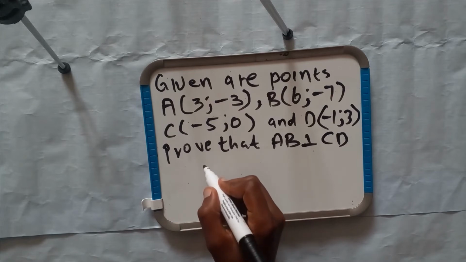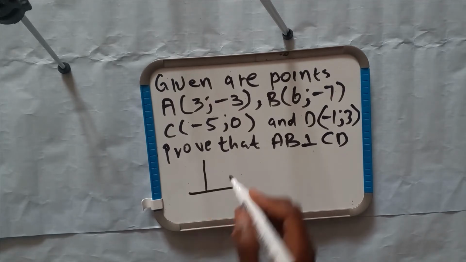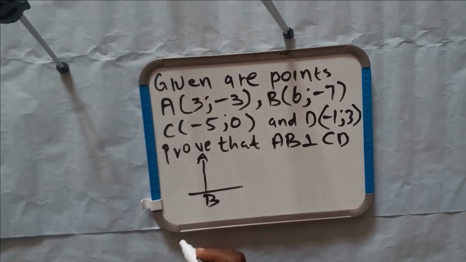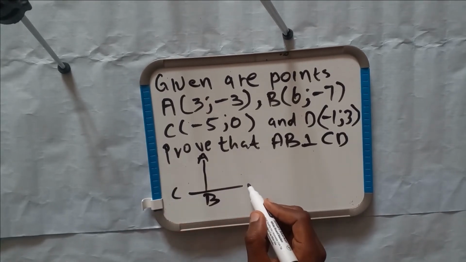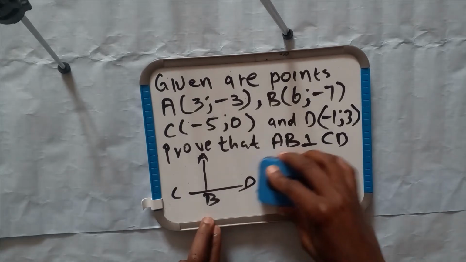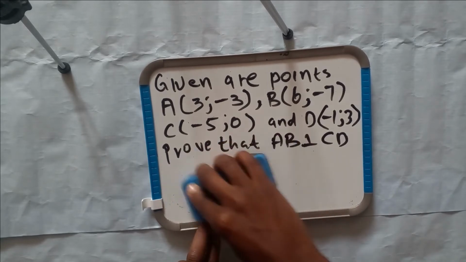So if AB is perpendicular to CD, therefore the product of their gradient should give us -1. I keep on repeating this so that it will be easier for you to understand. Right, now let us calculate their gradient.